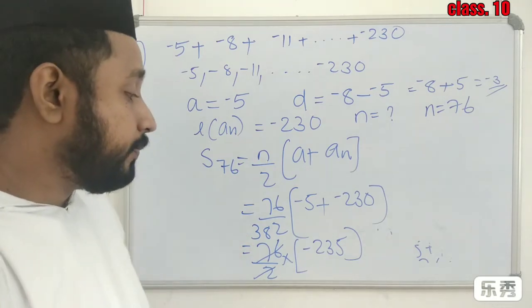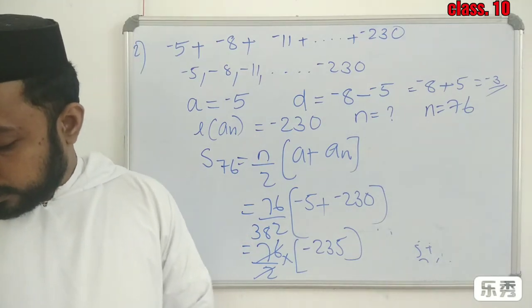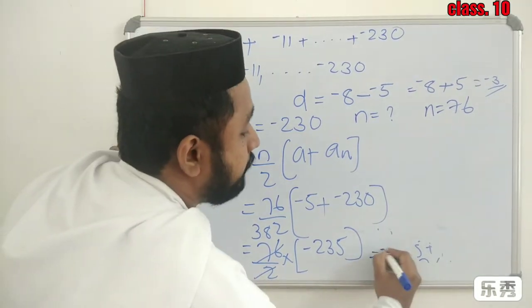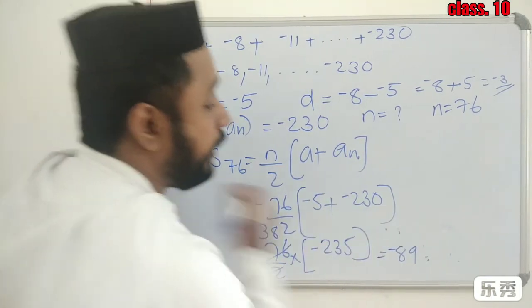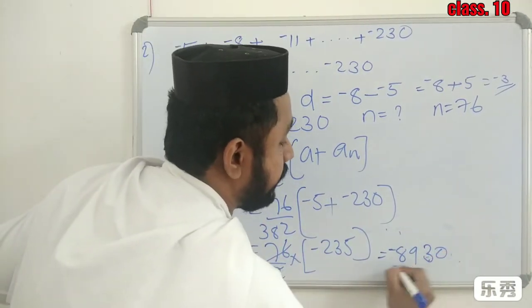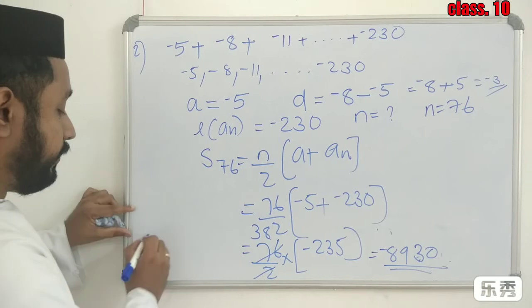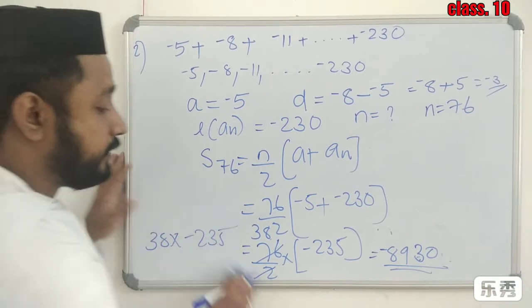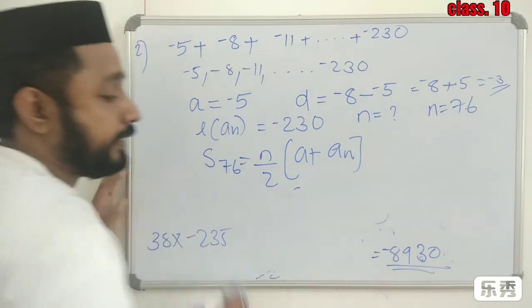So 38 into minus 235, which is equal to minus 8,930.